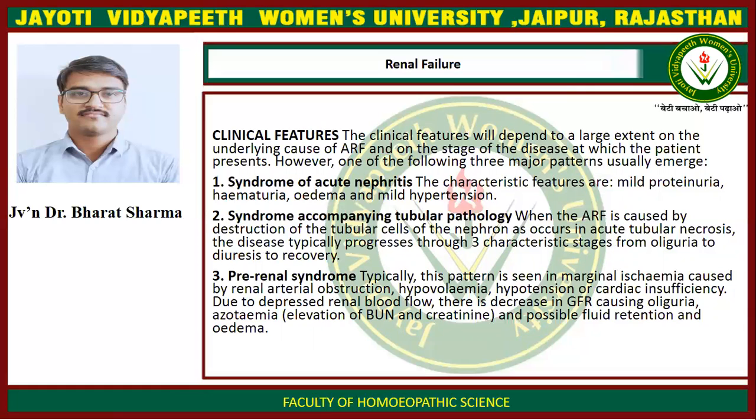Typically, this pattern is seen in marginal ischemia caused by renal arterial obstruction, hypovolemia, hypotension, or cardiac insufficiency. Due to depressed renal blood flow, there is decrease in glomerular filtration rate causing oliguria, azotemia, and possible fluid retention and edema.